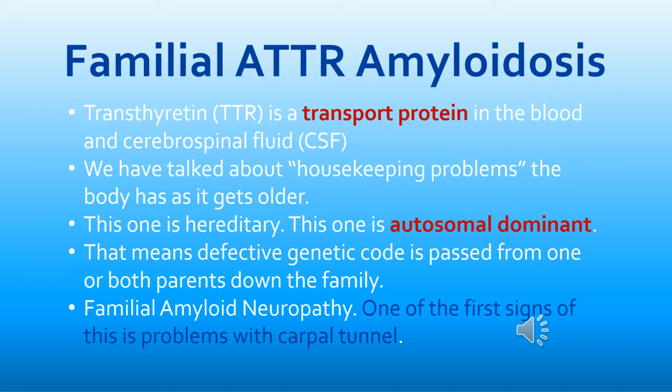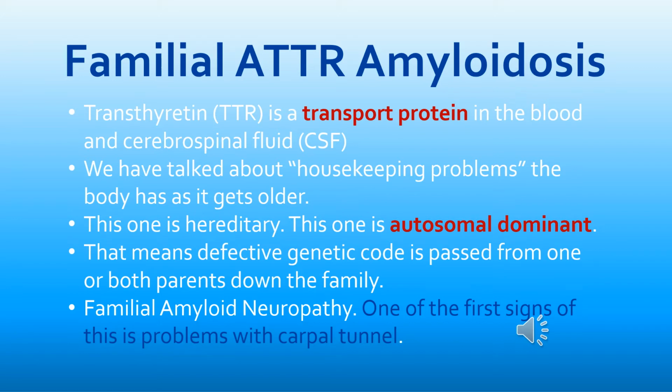This particular problem is hereditary. It is an autosomal dominant genetic mutation. That means there is a defective genetic code passed down from one or both parents down the family line.